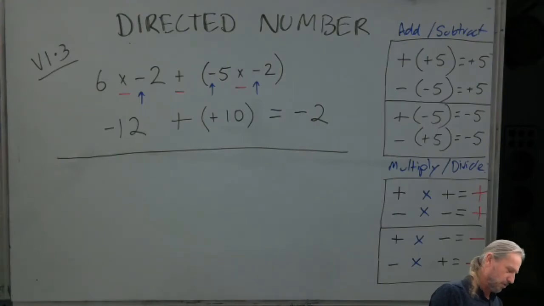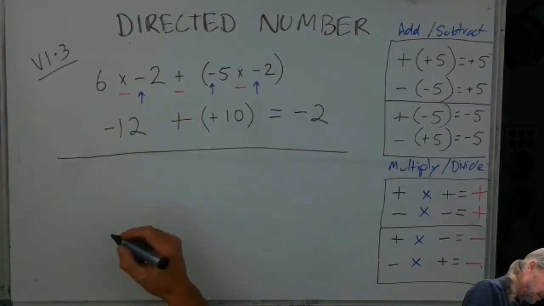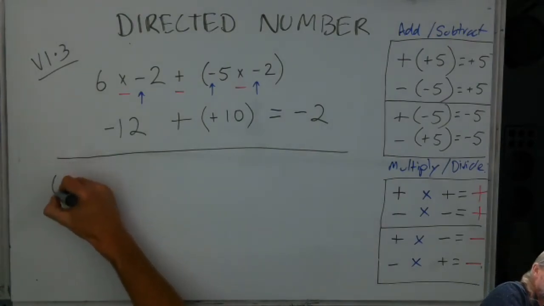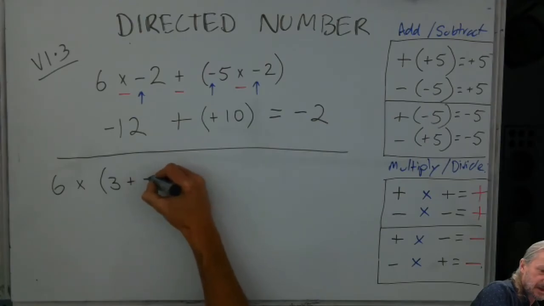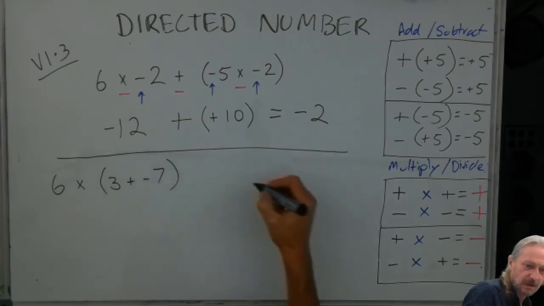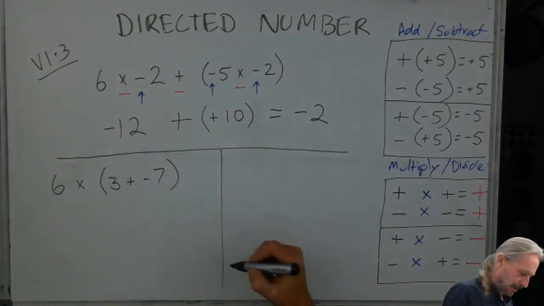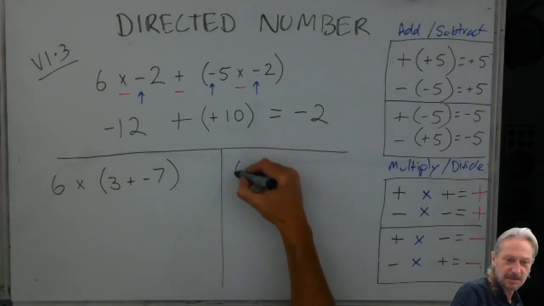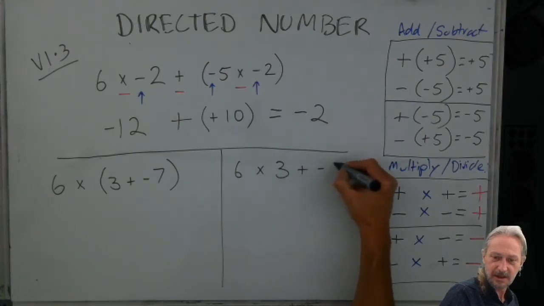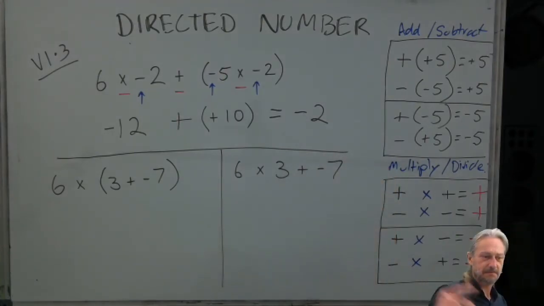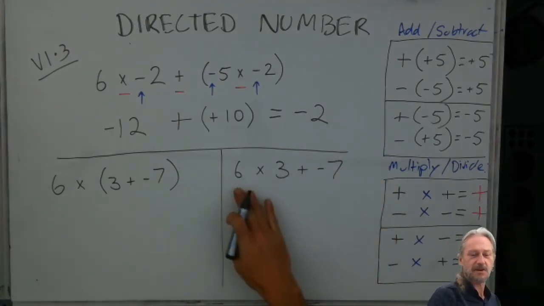Okay, I'll leave that one there while we write out the next one. Oh no, we'll do both of these together because they're very similar looking. 6 times bracket 3 plus -7. And I'll write the other one, 6 times 3 plus -7. So I'm hoping you can see that these are very similar looking.